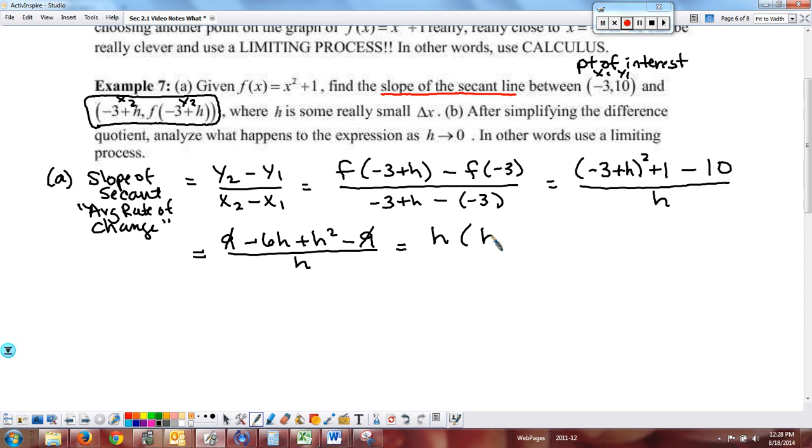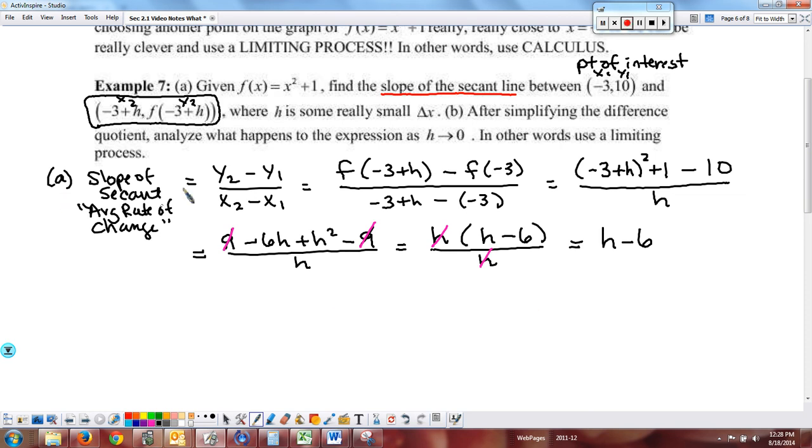So h times h would give me the h squared, minus 6, all over h. And now I'm going to cancel and simplify. Some nice things are happening with our simplification, and we end up with h minus 6. So if I know how far away I am, what the distance h is, I can simply plug this in and find the average rate of change.